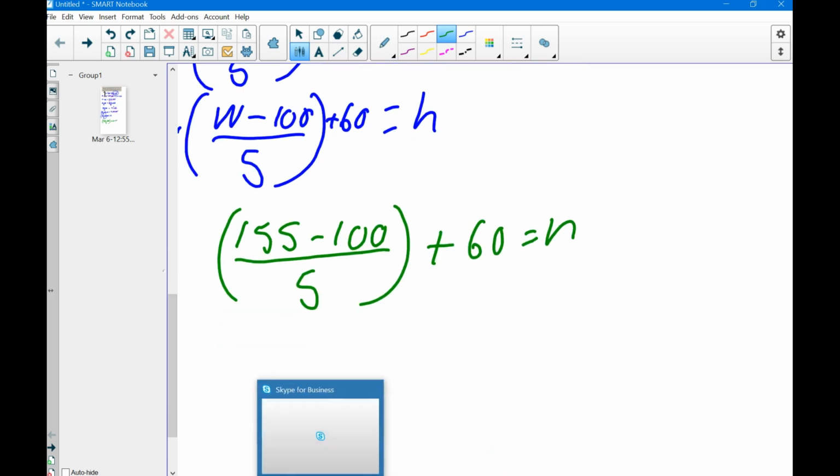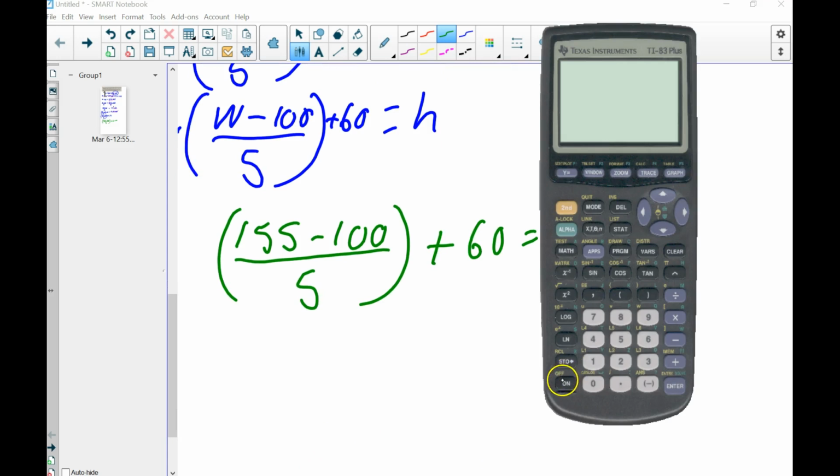If I were to bring my calculator back again, there we go. You see the numbers still there from the last time. It's going to be 155 minus 100 divided by 5.